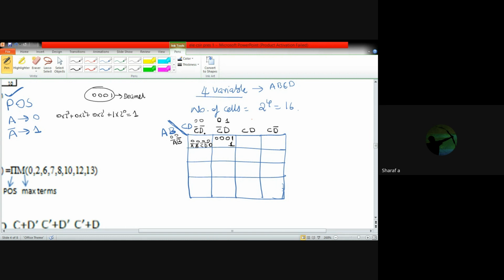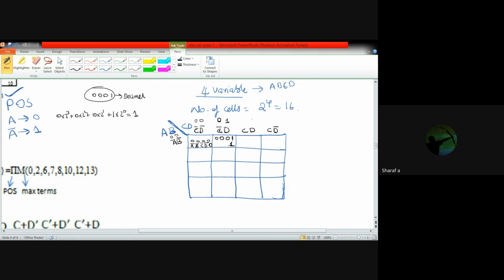First, you consider C bar, D bar. When you jump to the next cell, D bar becomes D. C bar remains C bar itself. So there is no change in C bar, but D bar changed to D. So only one variable is changing.